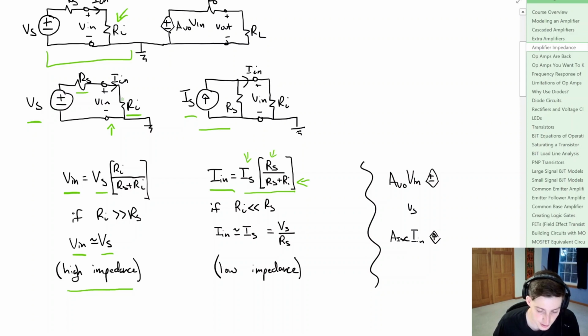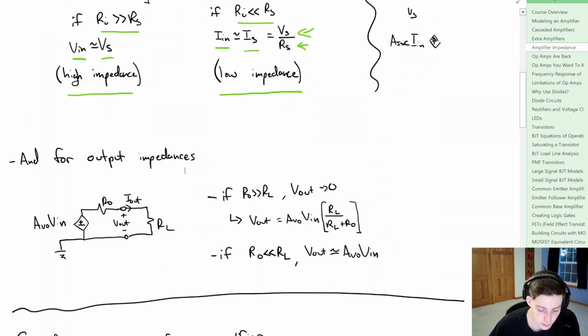Now, if the input impedance is much, much less than the source impedance, the opposite of what we had here, we can say that the input current is approximately equal to the source current. That's equal to the source voltage divided by the source impedance. In this case, we have a low impedance amplifier. So that's how we handle the input impedance.